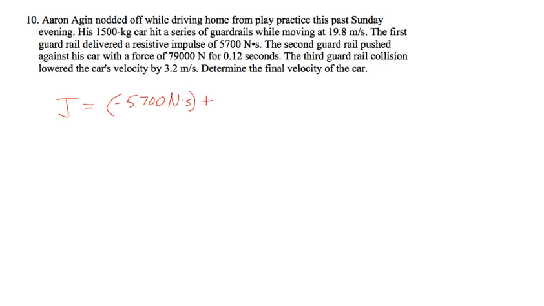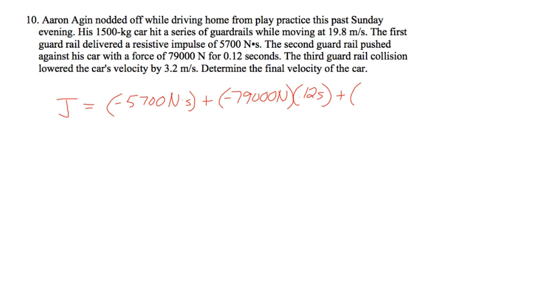Then to that, I'm going to add the second impulse, which is that number times that number, but this number has to be negative because, again, it's slowing it down. So the second one would be negative 79,000 newtons times 0.12 seconds.